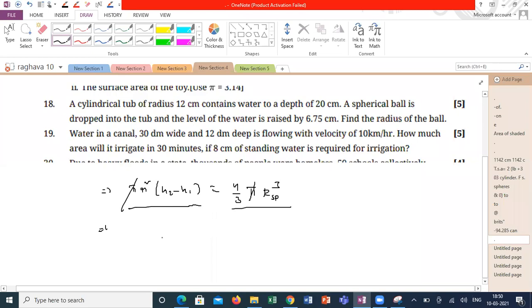Sir, I used 4 by 3 pi r cube is equal to pi r square h, sir. I considered 6.75 as the height of the cylinder, sir. So 12 into 12 into h2 minus h1, which is raised by 6.75. So this h2 minus h1 value is 6.75. That will be equal to 4 by 3.